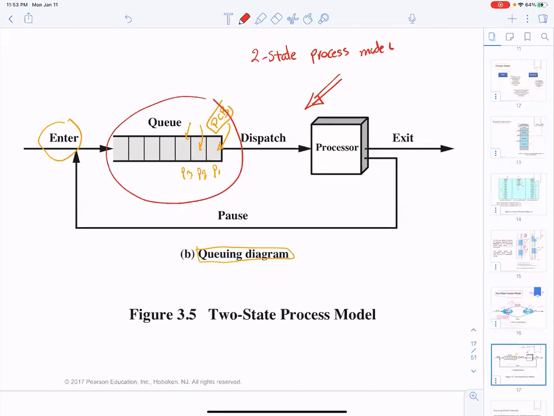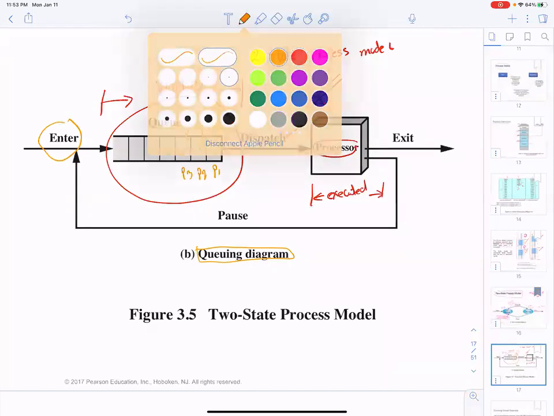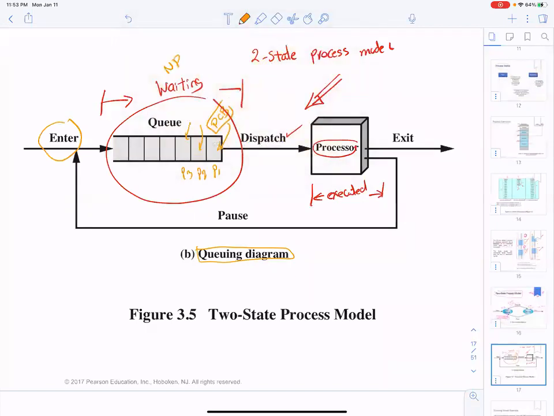Processes would leave the queue if the dispatcher decided that now the process should be executed by the processor. The process will be allocated to the processor for execution. So the first phase is waiting. The process has to wait a little bit before the process is executed. So the waiting here, I always refer to it as the non-running state, and the execution is the running state.